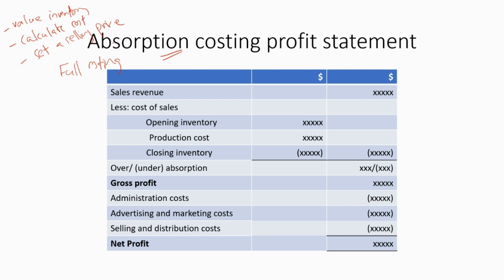This is why businesses need a costing system. Under absorption costing, the full production cost will be calculated. Using this absorption costing method, management accountants use this profit statement.